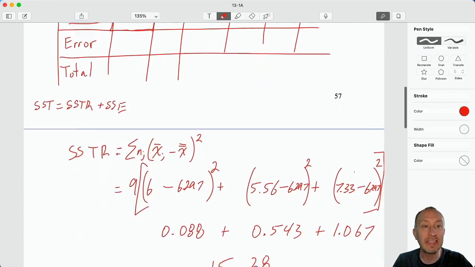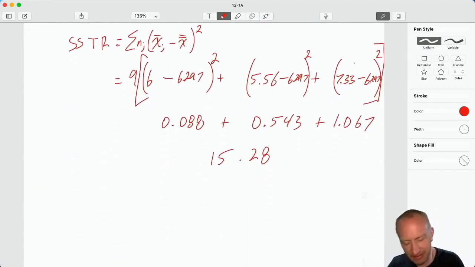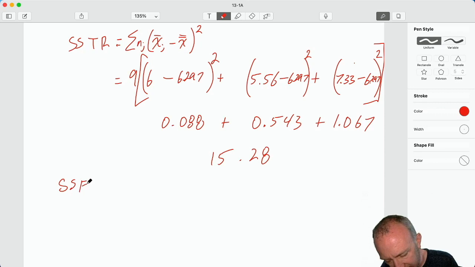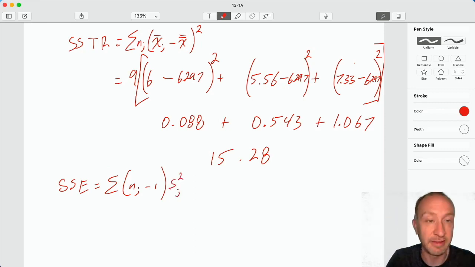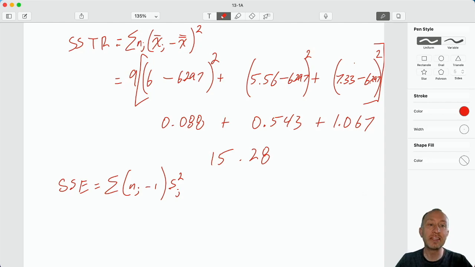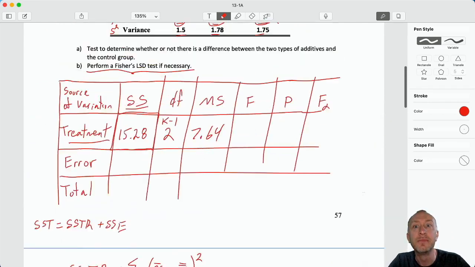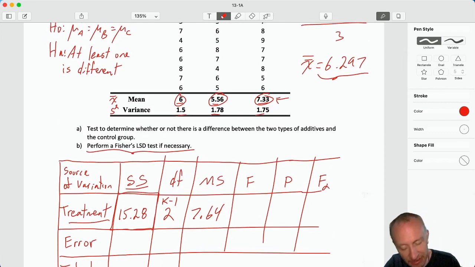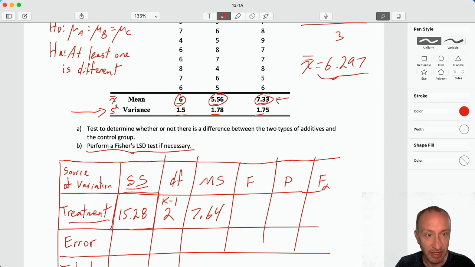Now, SSE, often a little bit simpler. So now we're adding up n minus 1 times those sample variances. Here we have to be really careful that we pay attention to what information we've been given. When I come back and look at my sample data, I've already been given the variance, s squared.